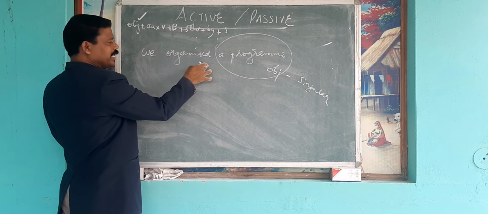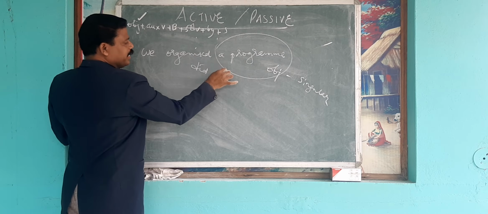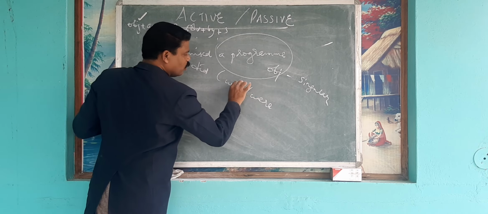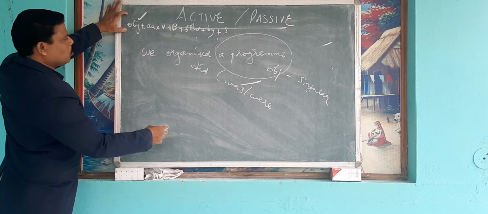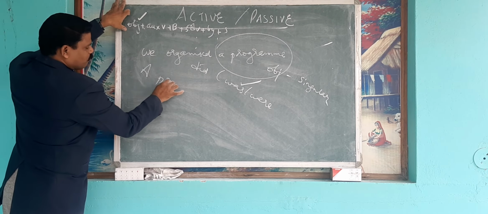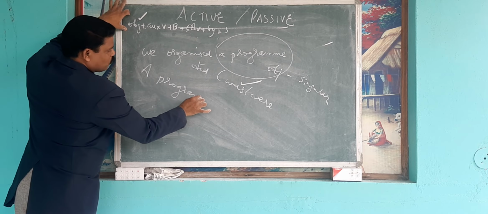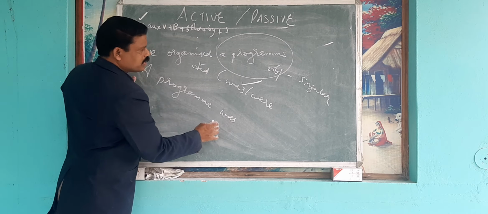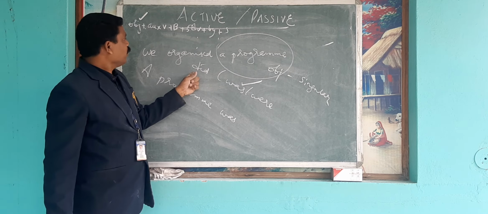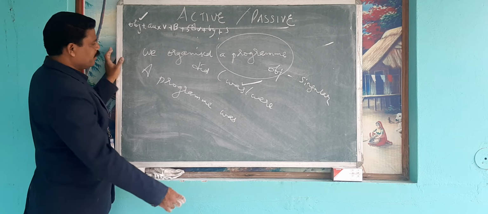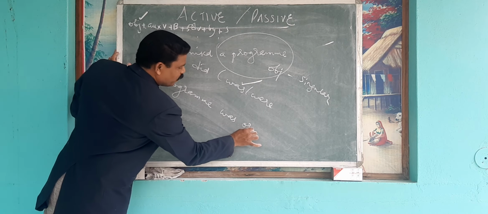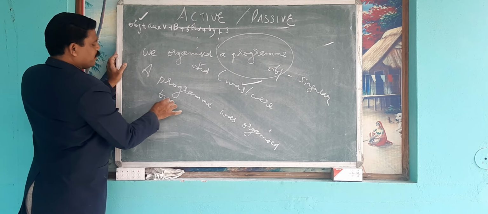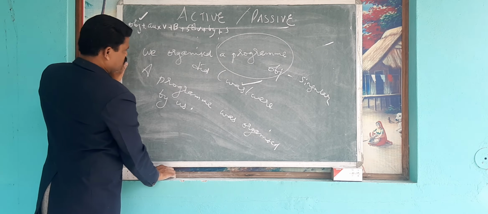No auxiliary verb. Organized, second form. Did means was or were. Since it is singular, was. Answer: object, a program; auxiliary verb was; since it contains did, there is no need for be. Organized, third form, by us.